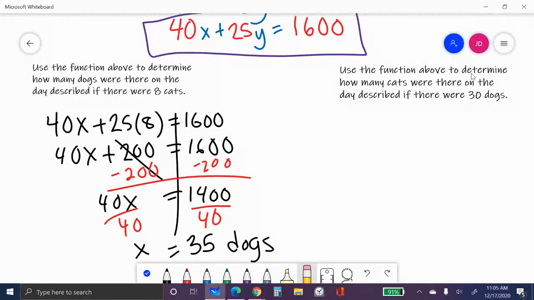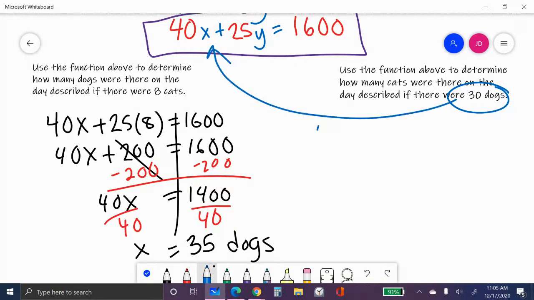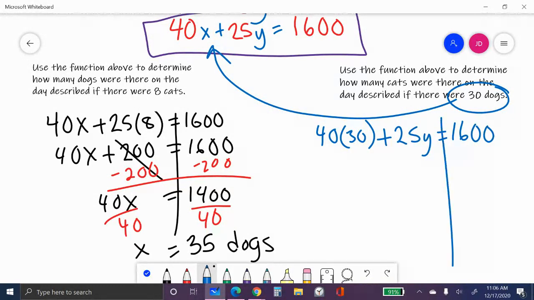Use the function above to determine how many cats were there on the day described if there were 30 dogs. So if there are 30 dogs, again, those go in for X. So 40 times 30 plus 25y equals 1,600. Simplify 40 times 30.